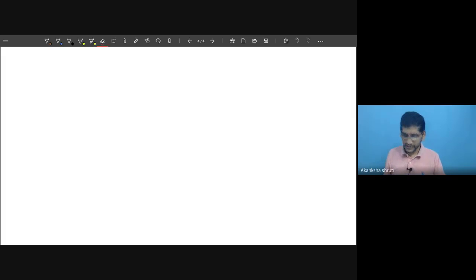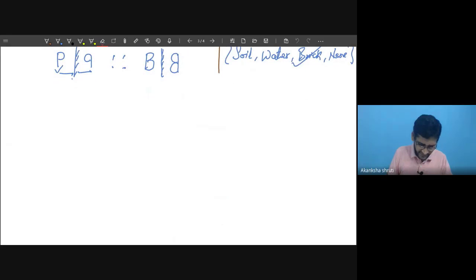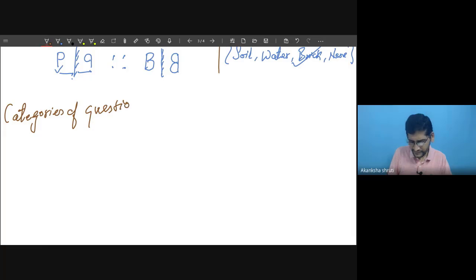Category of question, student, before number analogy, what are the various categories of question that we may also write? So write down the categories of questions, means what are the various types of question framed based on applying the above rule.